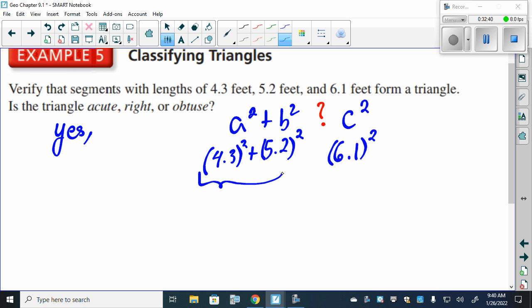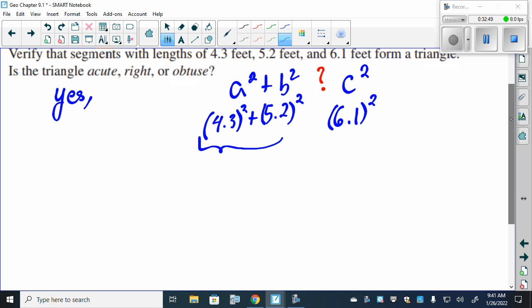So we can first start off by finding either c squared or a squared plus b squared. Which one do y'all want to find first? So 4.3 squared plus 5.2 squared is going to be 45.53.